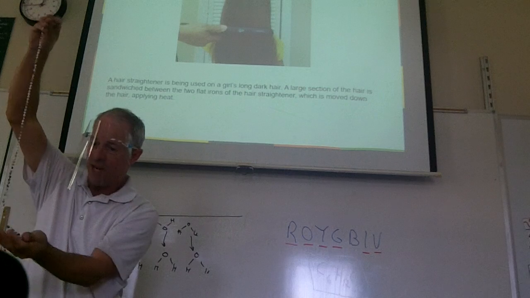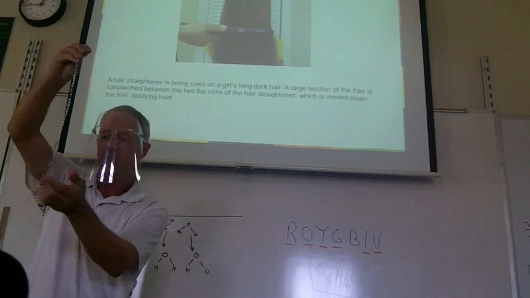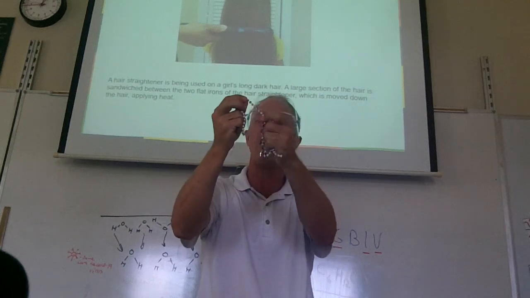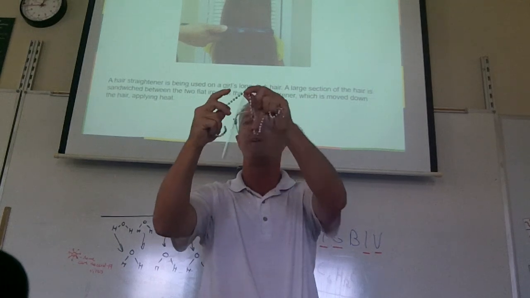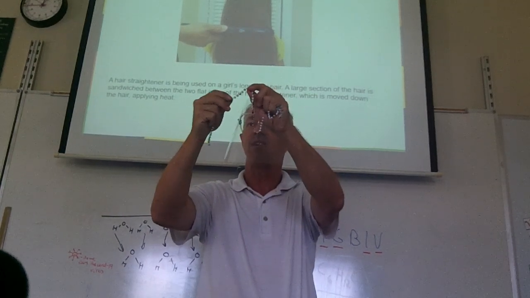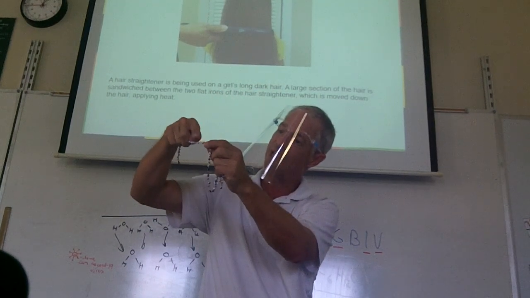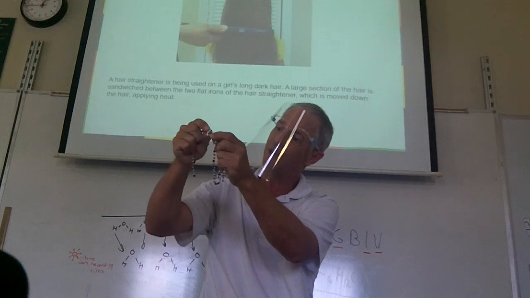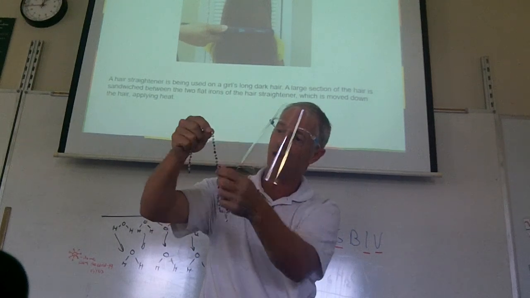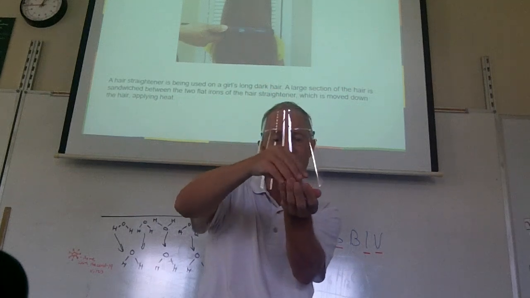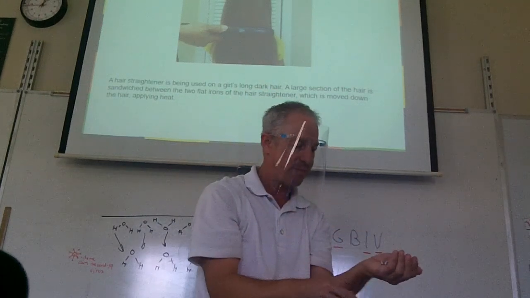Now, the reason why it folds into a shape is because of attractions between charged R groups. I don't know if you remember, but each amino acid has an R group. And so if that's a positive R group and that's a negative R group, they'll attract one another and kind of touch one another. And so that makes this thing fold into a certain shape based on the attractions.